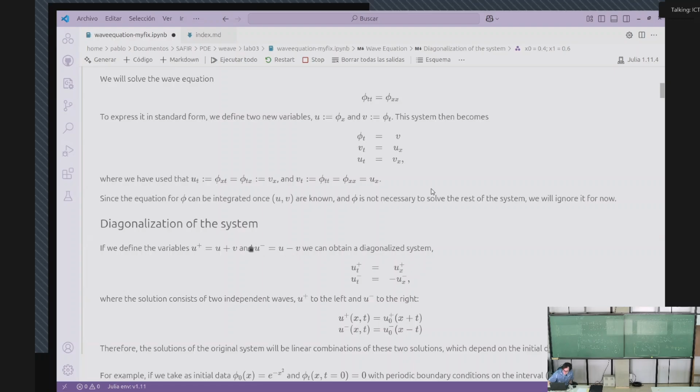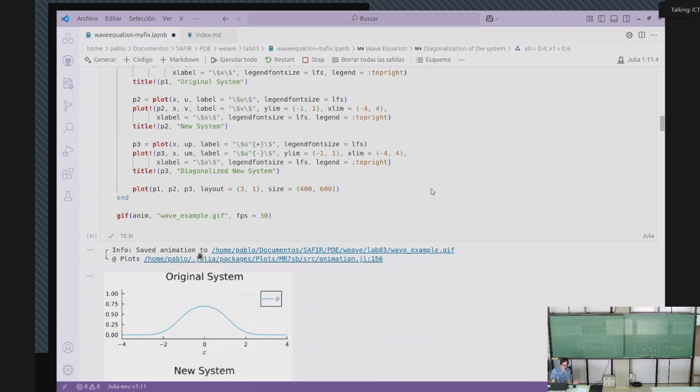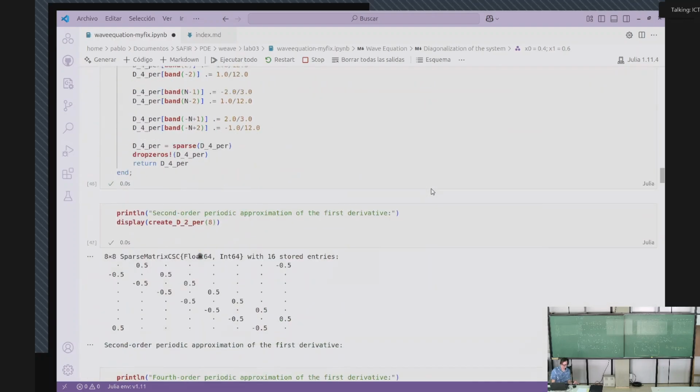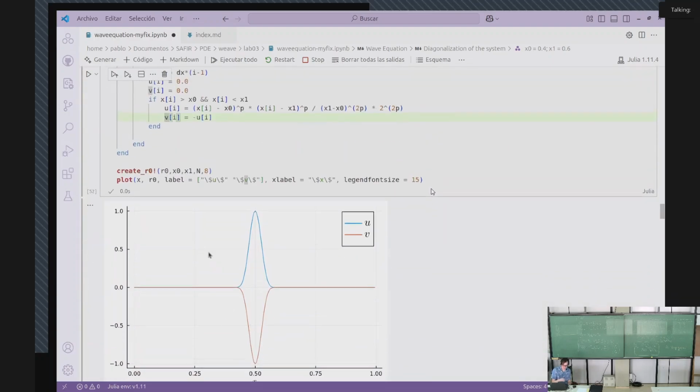So only u minus will move and u plus will be 0 all the time. So we will only have one wave moving in one direction, so we do not get confused with the waves interacting with each other. But you can change the u and v here to be anything you want, and evolve, and you will get some other animations, some other waves.